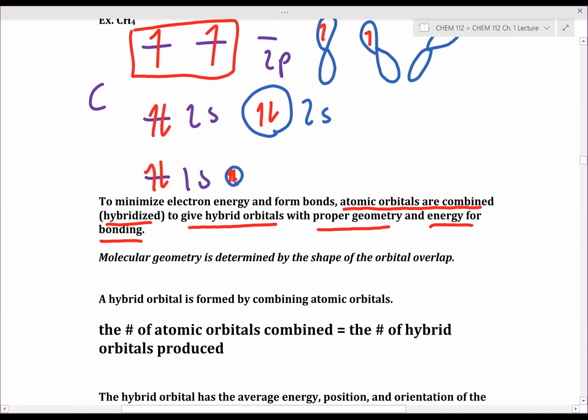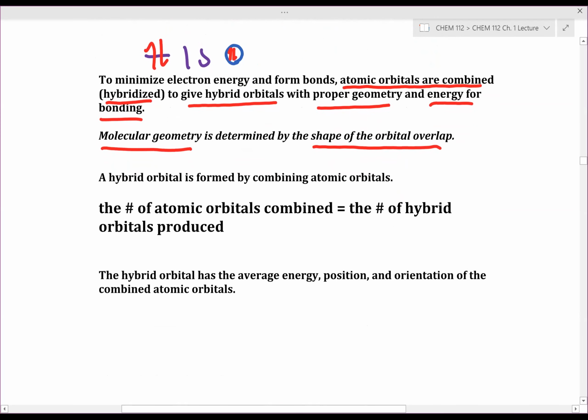Now, key features of this idea. The molecular geometry, the shape of our molecules, depends on the shape of this orbital overlap and the geometry of our orbitals that we use for bonding. Now, just like when we discussed bonding and anti-bonding orbitals, there are a few rules that we have to discuss. First and foremost, the number of atomic orbitals that we put in equals the number of hybrid orbitals that we get out.